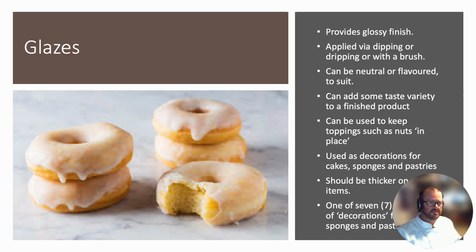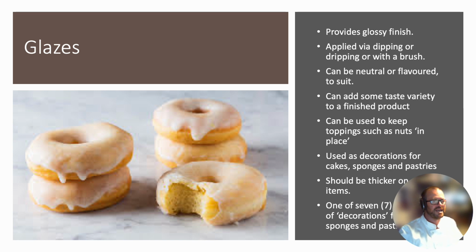Next one's about glazes. You can see by the picture there, glazes get used in a number of different ways. Typically when we make a Madeira cake, we might put a glaze over the top of it, similar to these donuts in the picture.